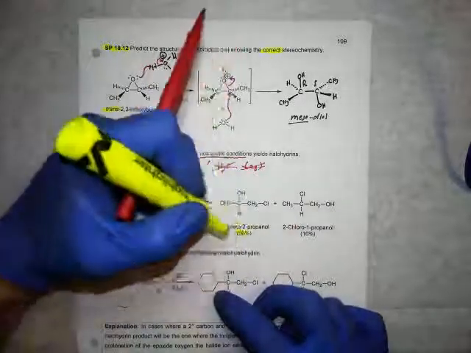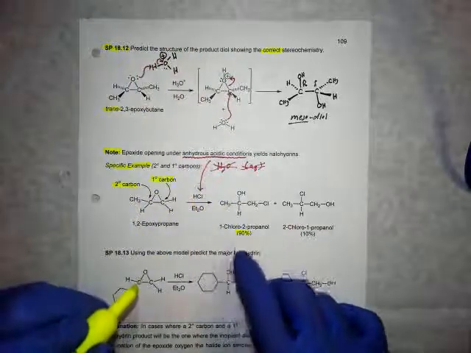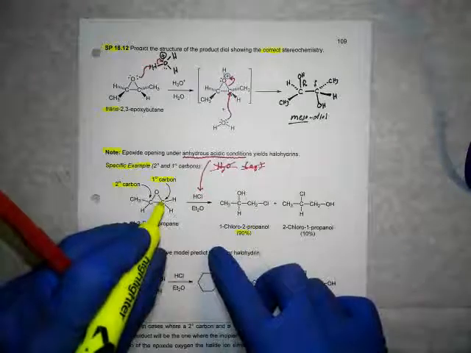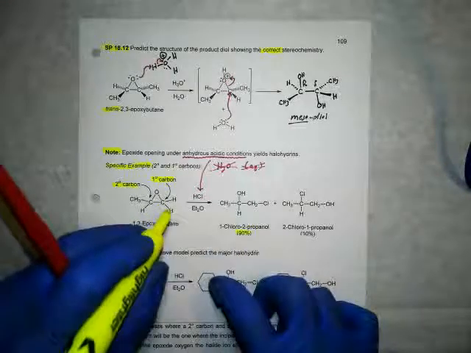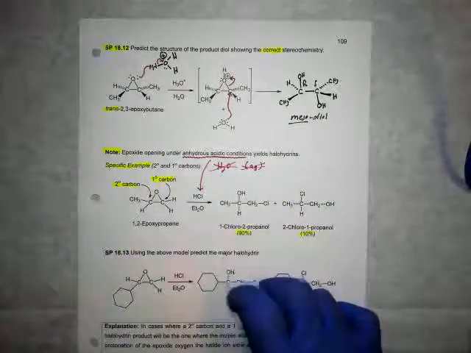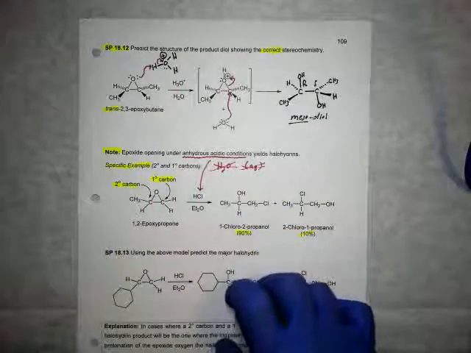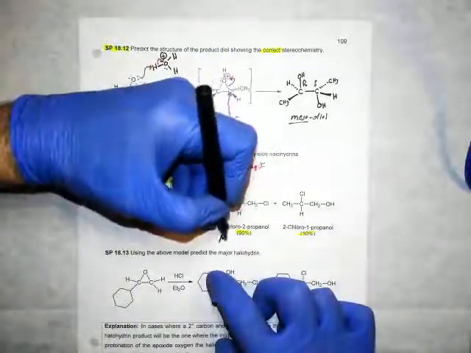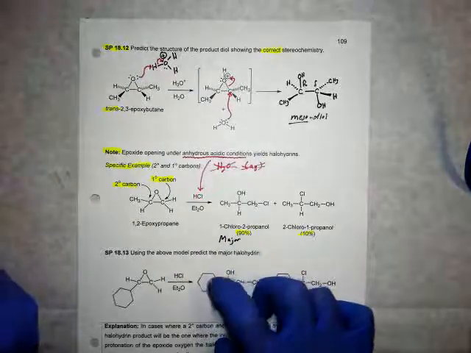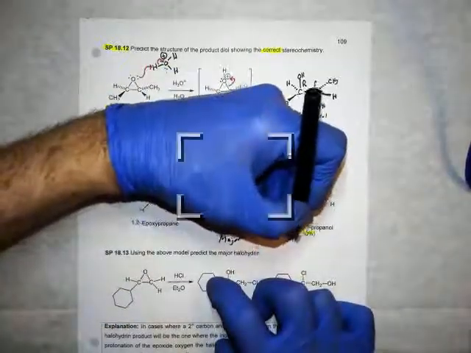So 90% of the time, the chlorine bonds to the less-substituted carbon because it's a nucleophile, and about 10% of the time the chlorine bonds to the secondary carbon. So we can say with conviction that this is the major product. There's no doubt about it, because there's a lot more of it. This will be our minor product.